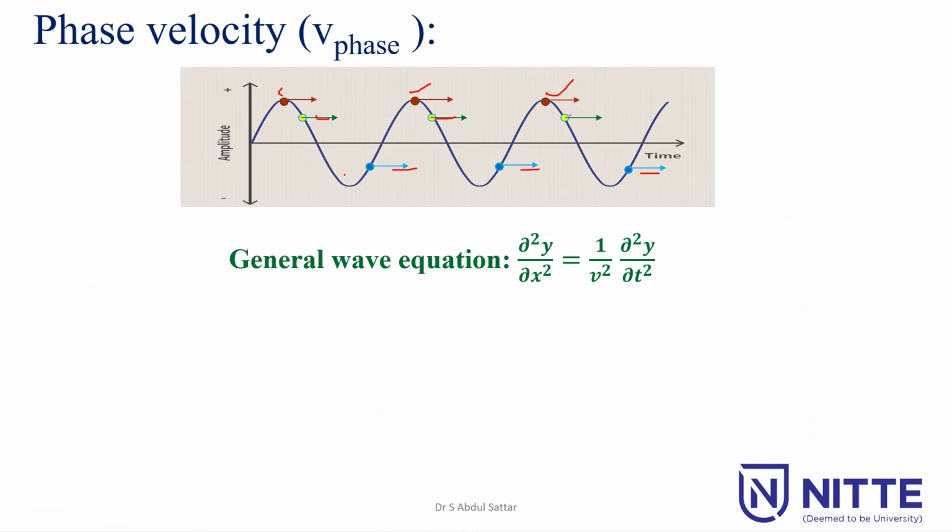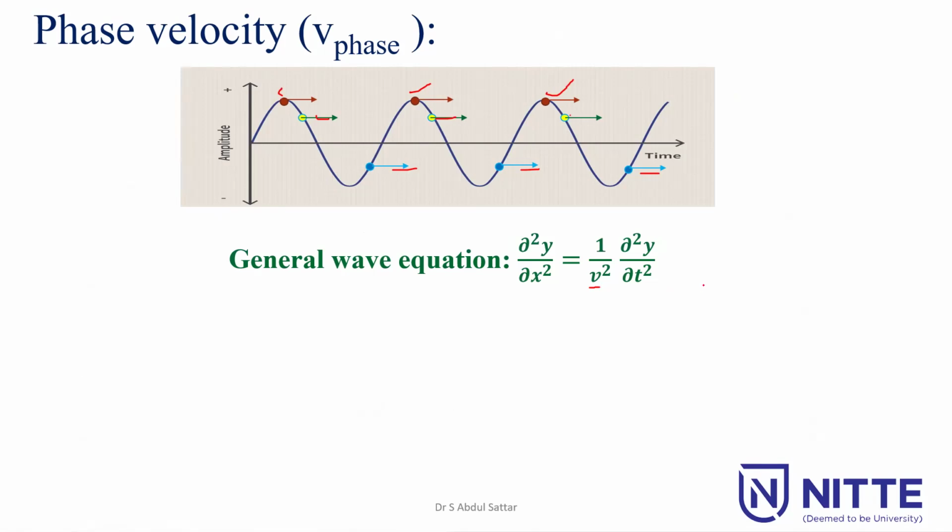If you take a general wave equation, this is given by D'Alembert. The general wave equation is dou square y by dou x square equal to 1 by v square into dou square y by dou t square. Here, v is the velocity of the wave. So when the wave is propagating with velocity v, its equation of motion is given by this.